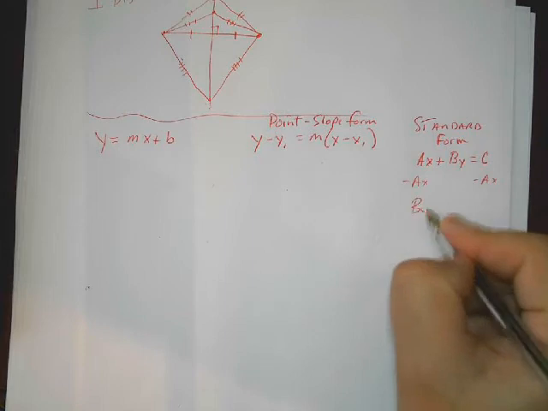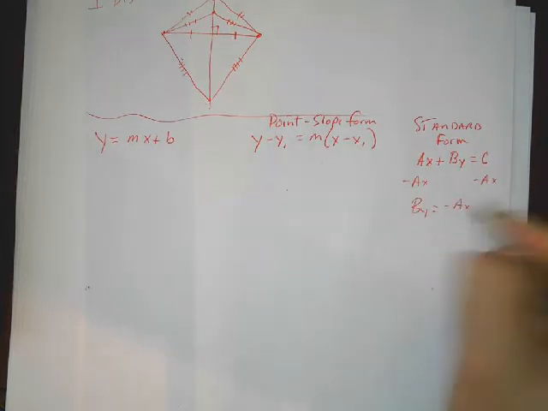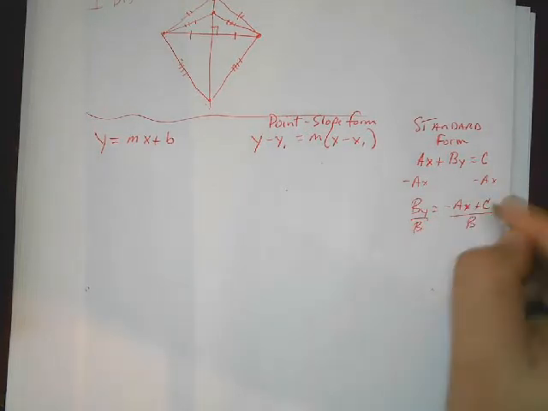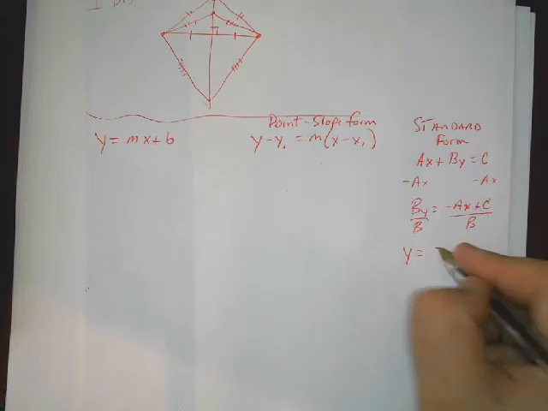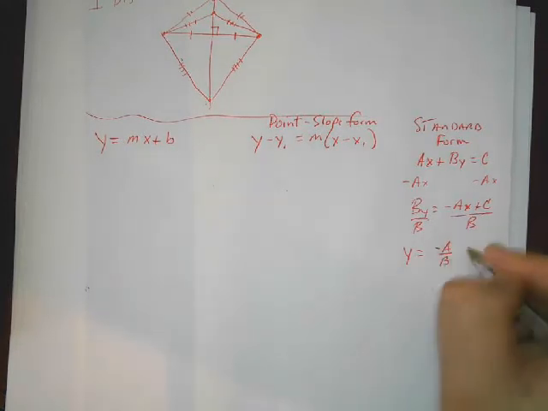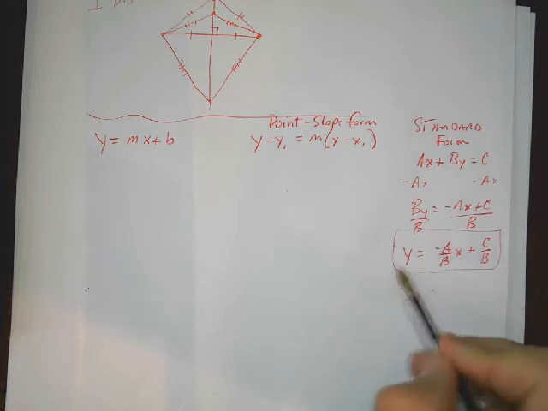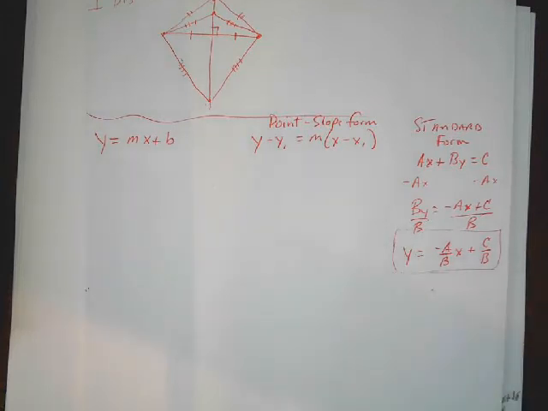And so we'd have by is equal to negative ax plus c, and then divide by b. Separate the fraction. So y then is equal to negative a over b x plus c over b. That's not all that important, but it just gets you into slope-intercept form. And so you could do that at any time.